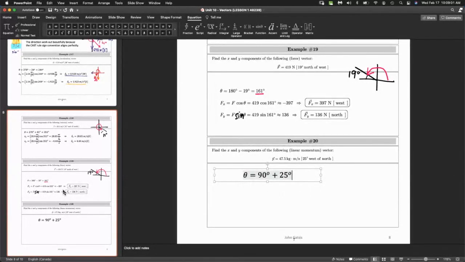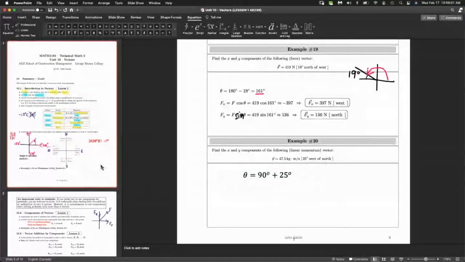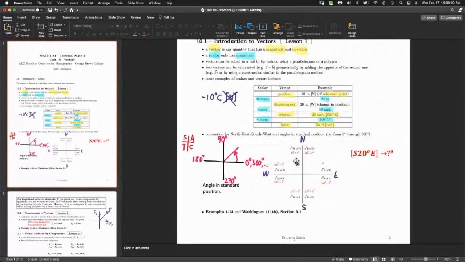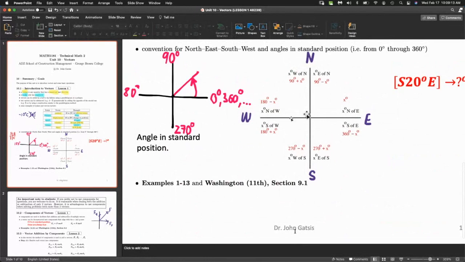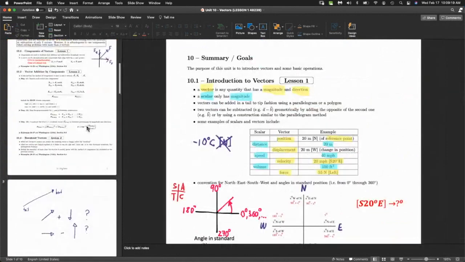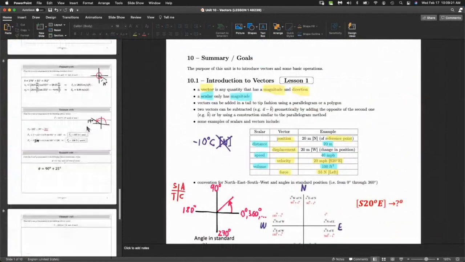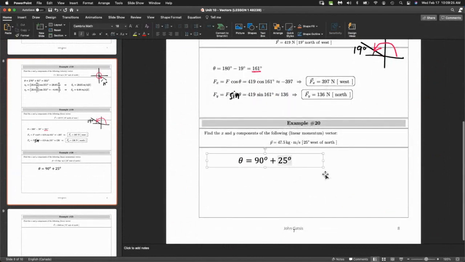If anybody here maybe missed the beginning of class, I have a shortcut on the first page here that can give you the answers to those angle permutations. So they're right there if you need to use that. That's on page 1. I'm just going to get back to example 20 now. So that's 90 plus 25 degrees.